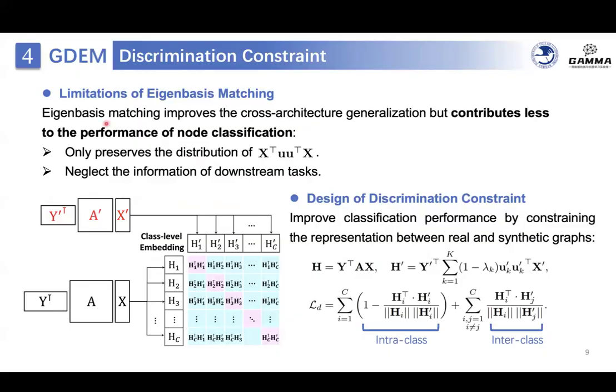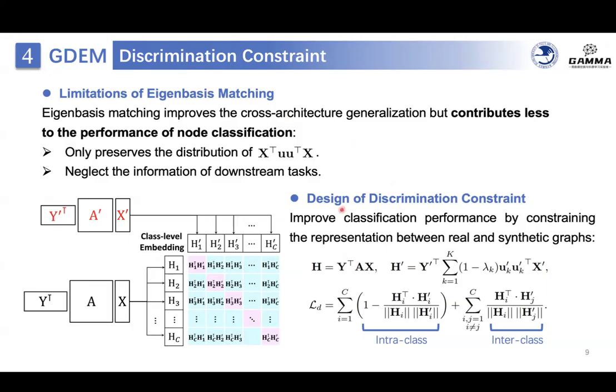In practice, we found that the eigenbasis matching improves the generalization but contributes less to the performance of node classification, because it neglects the information related to the downstream tasks.